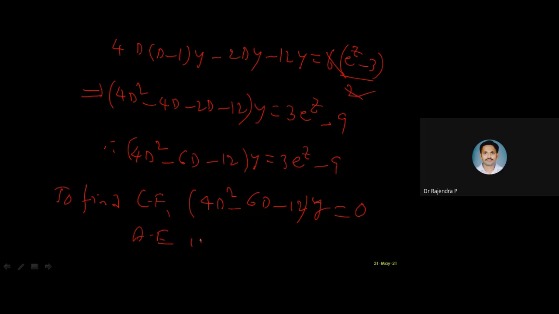So the auxiliary equation is 4d square minus 6d minus 12 equal to 0. Try to get the roots.